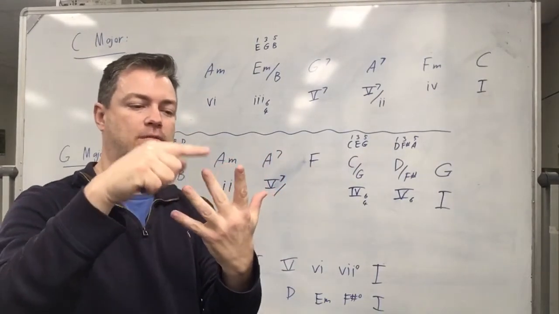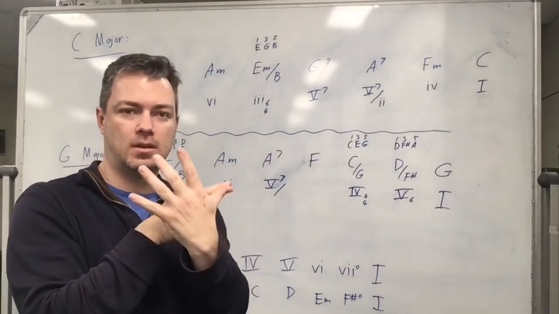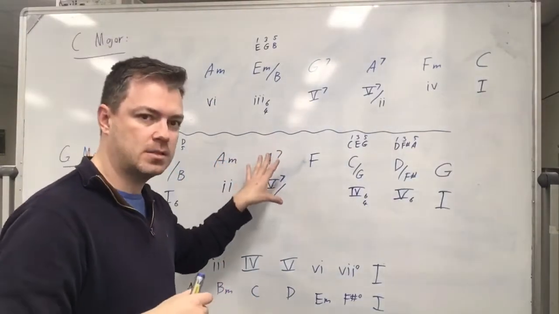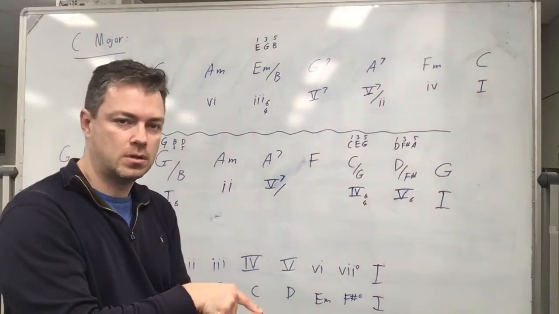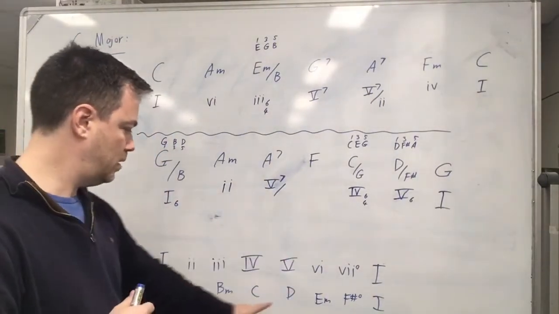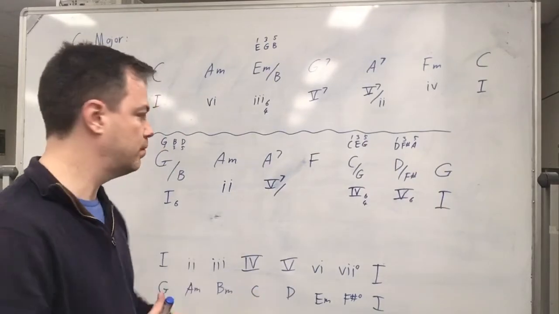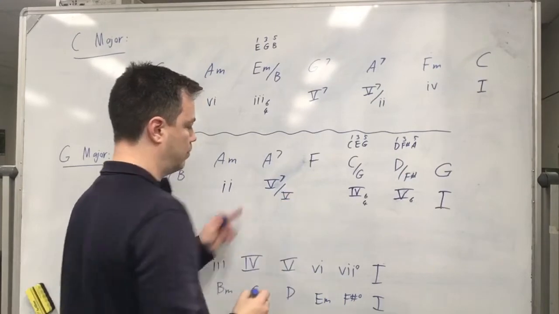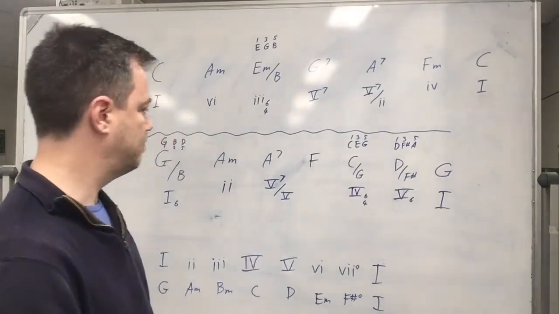A, G, F, E, D. So D is our 1 in this case, and then we need to work out what D chord is in the key of G, and we can have a look down here. It's chord 5. So the A7 is a secondary dominant chord, 5, 7 of 5.